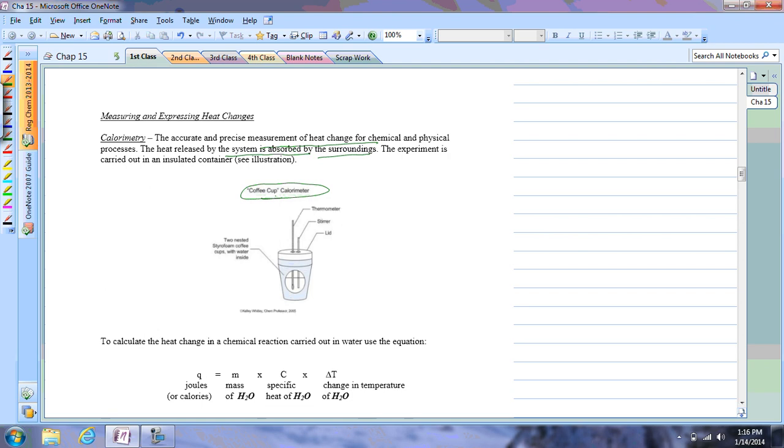So in lab this week, we're going to use a calorimeter, a coffee cup, to measure the amount of heat that two different metals absorb. And from that, we're going to calculate the specific heat of each of those metals.